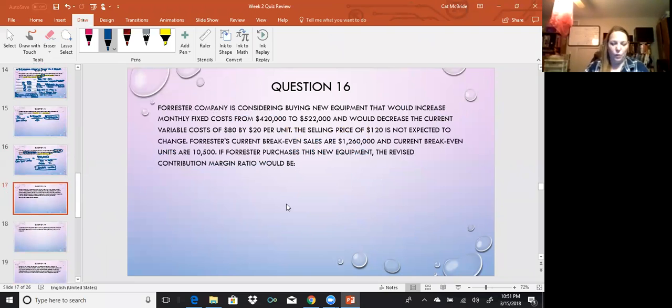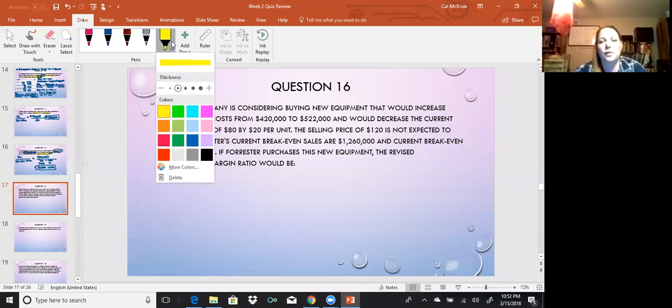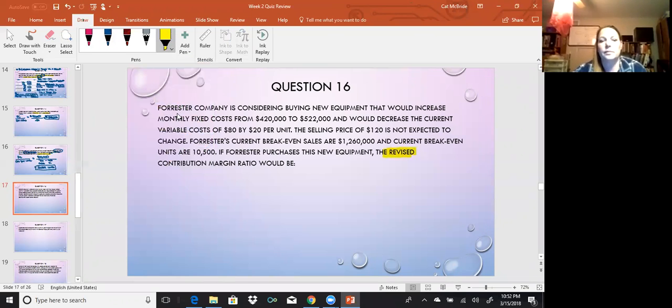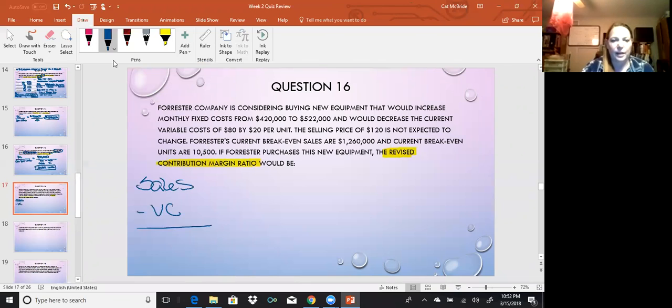Okay, now we're going to revise a contribution margin, but this isn't hard. All we're doing with the revised contribution margin ratio is using the formula: sales minus variable costs equals the contribution margin. So we have old, which we're not going to do a lot with, and we have revised, new. Considering buying new equipment that would increase monthly fixed costs from 420 to 522.